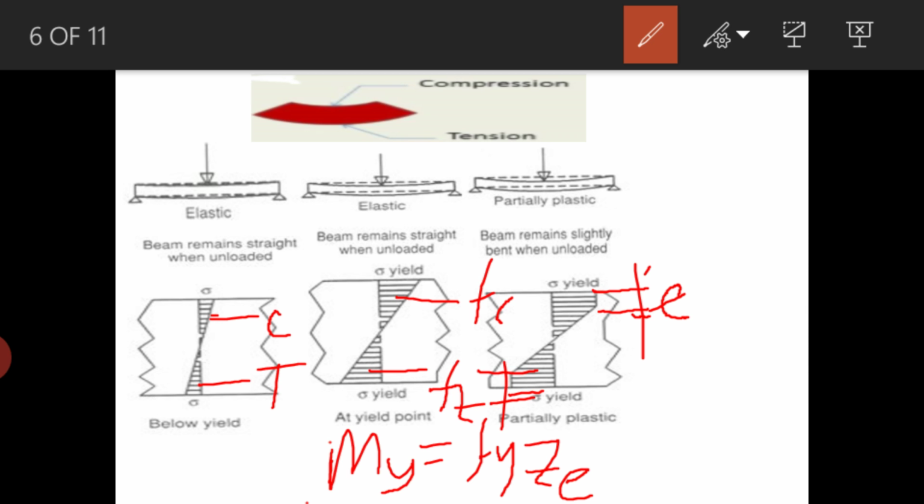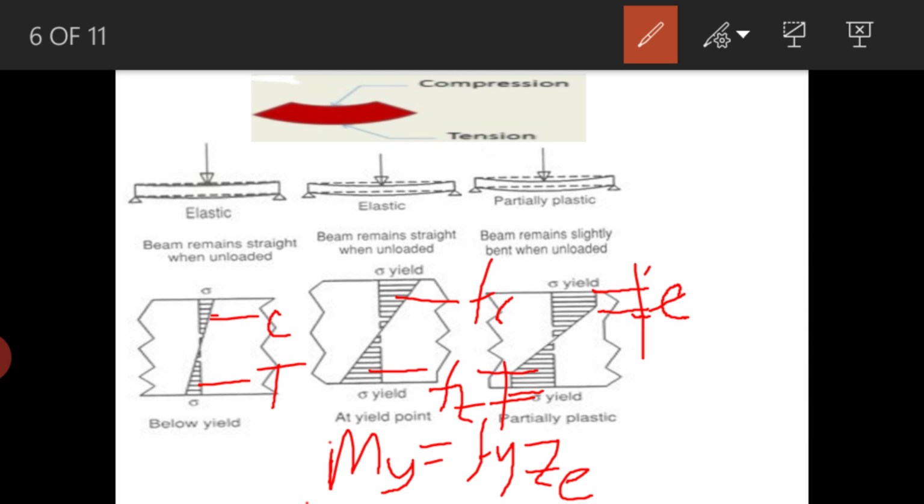And at this stage, the moment is known as elastoplastic moment.